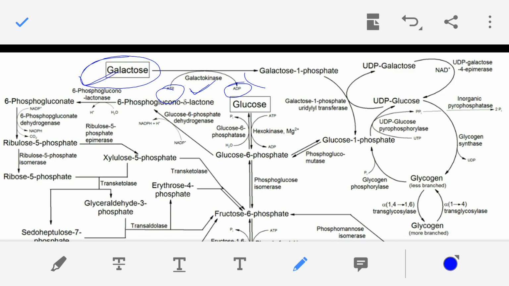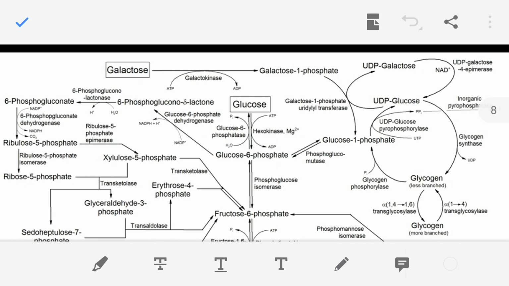There is a formation of galactose 1 phosphate. From galactose 1 phosphate, with the help of this enzyme, glucose 1 phosphate is formed. Now this glucose 1 phosphate transforms into glucose 6 phosphate with the help of this enzyme. Glucose 6 phosphate is converted into glucose with the help of this enzyme.